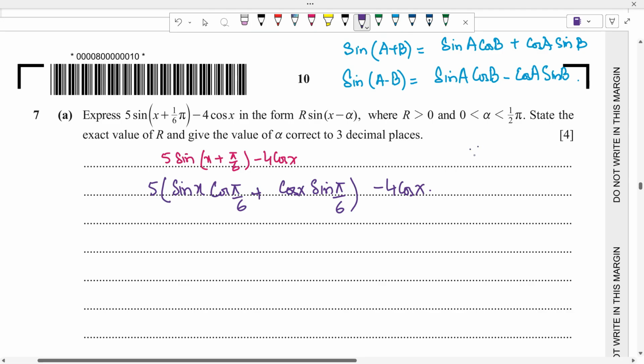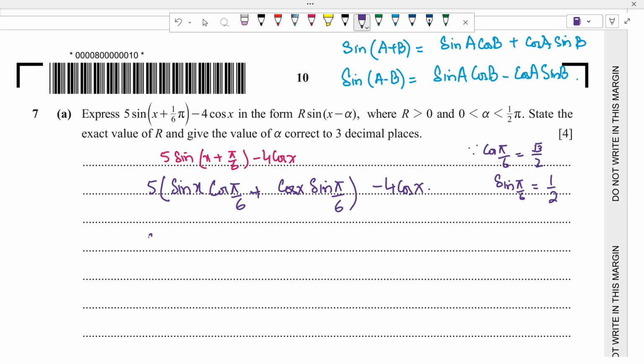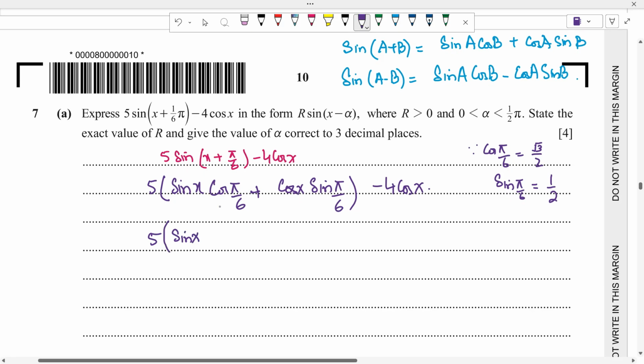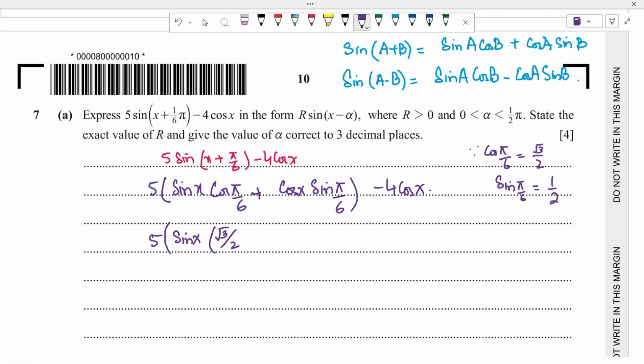We know that cos π/6 is equal to √3/2 and sine π/6 is equal to 1/2. So we have 5 sine x times √3/2 plus cos x times 1/2, minus 4 cos x.